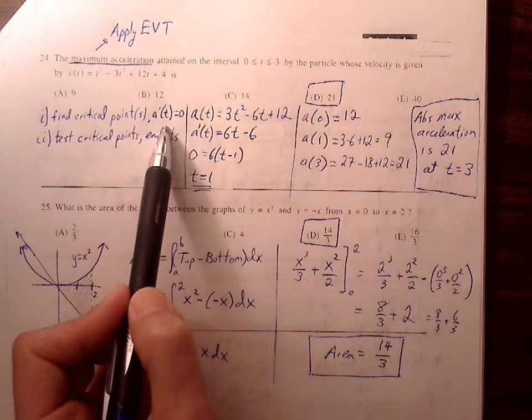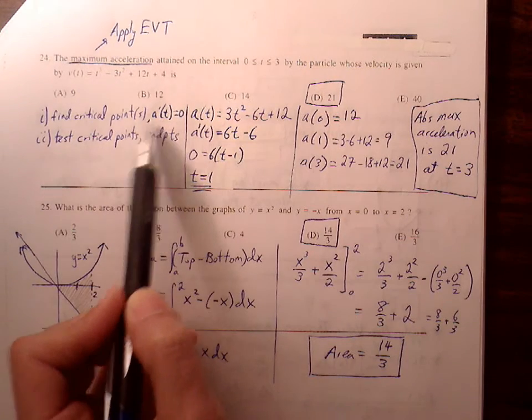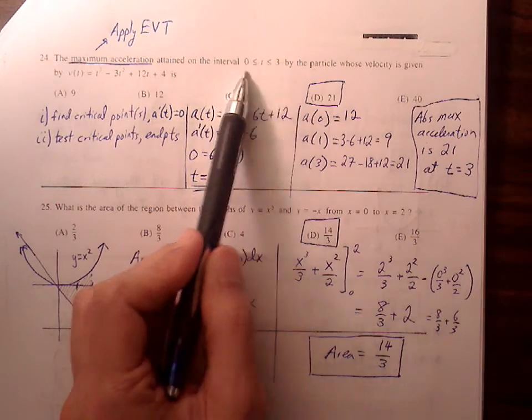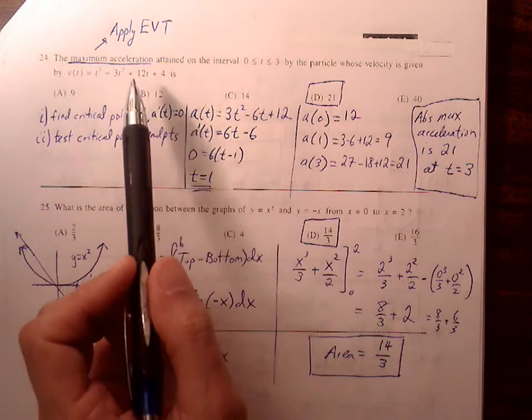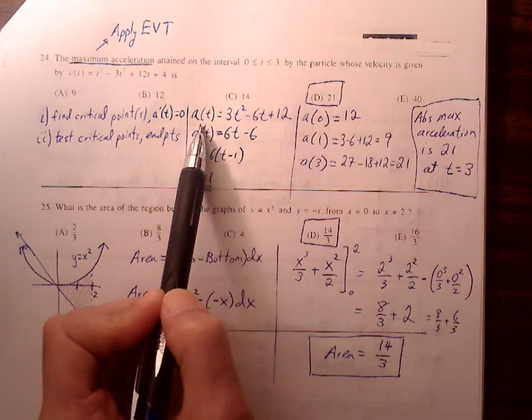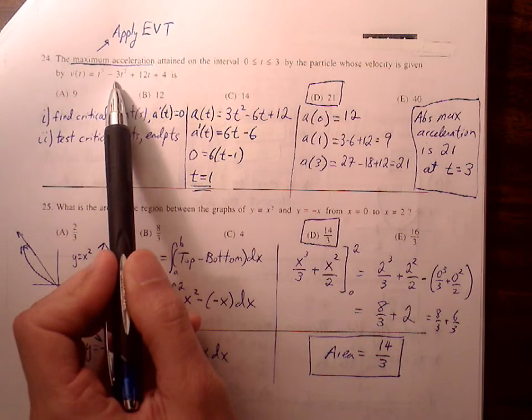So I need to find a prime, set a prime equal to 0, and then from there I can find the critical point. From there I can test the critical point and the endpoints, the 0 and 3, plug them all into the acceleration function, and see which one produces the largest acceleration value. So here's my acceleration function after I go through power rule from velocity, 3t squared minus 6t plus 12.